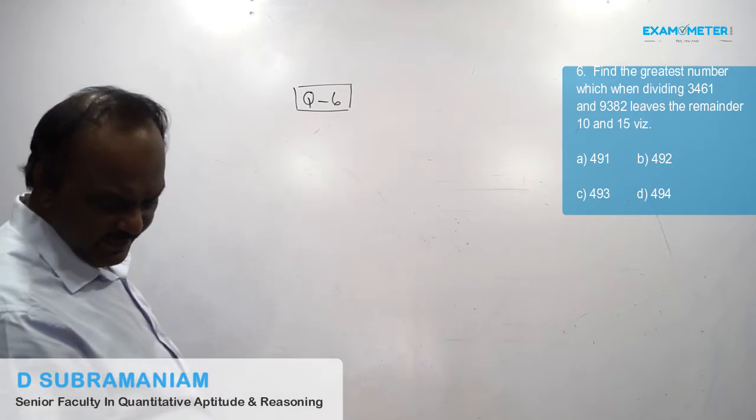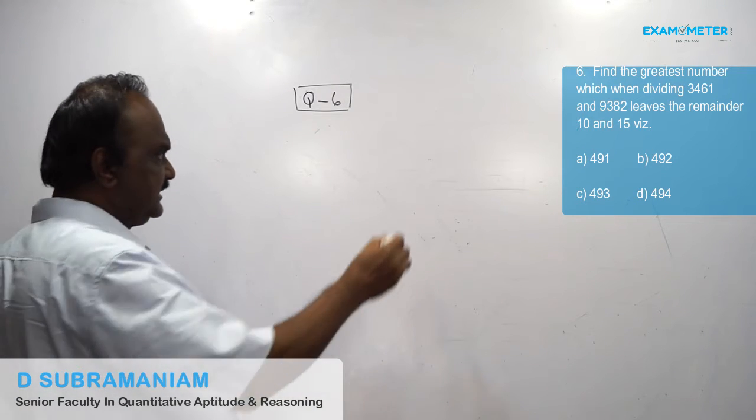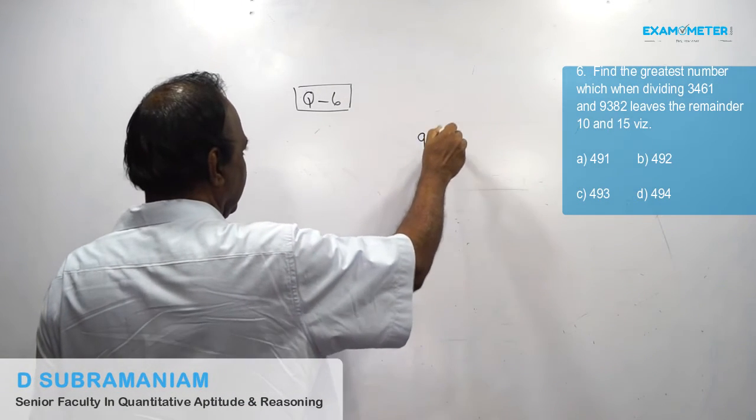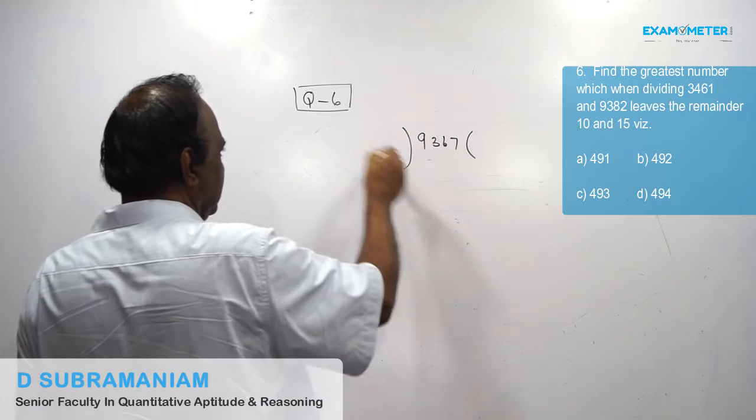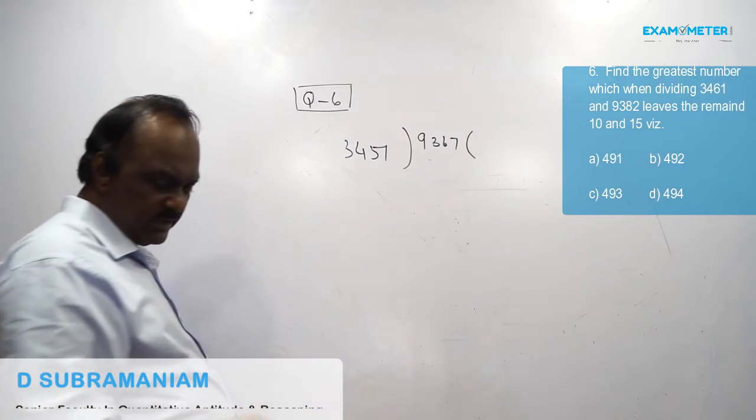From 9382 subtract 15. You will get 9367. From 3461 subtract 10. You will get 3451.